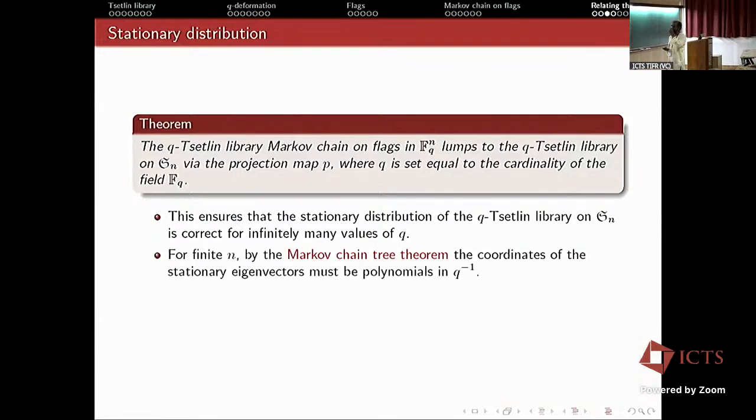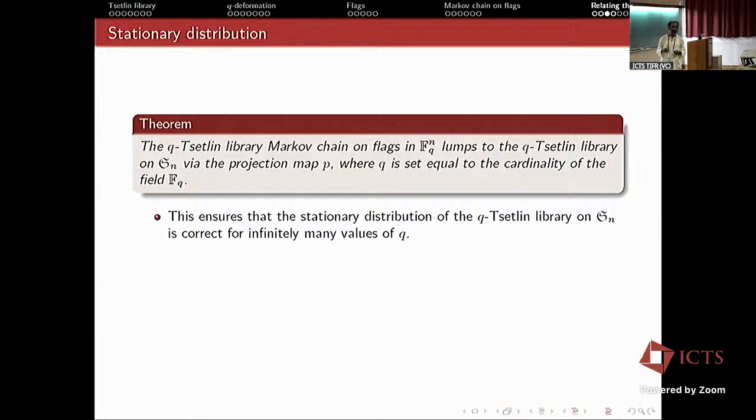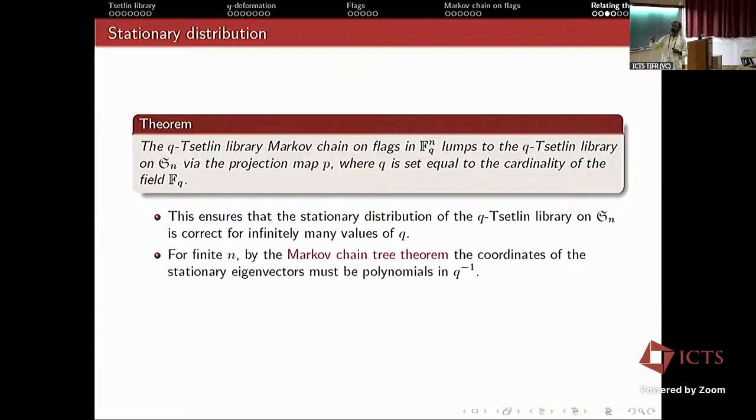It's not enough to say rational functions, because you want control on the degrees. Maybe it's okay, but the Markov chain tree theorem guarantees that these are polynomials up to some overall factor.